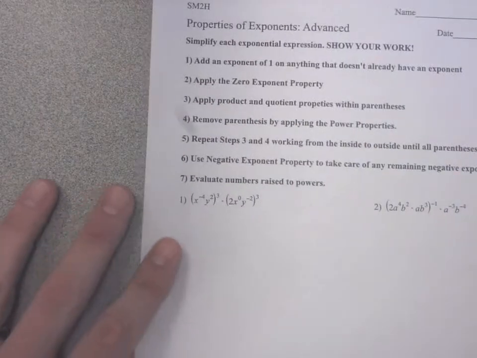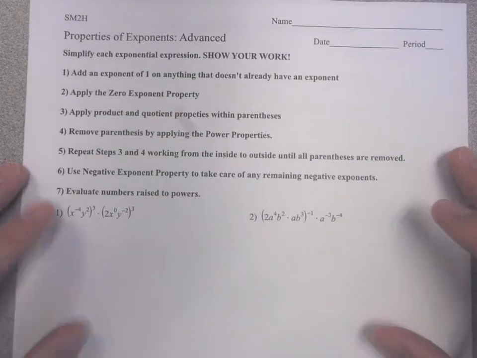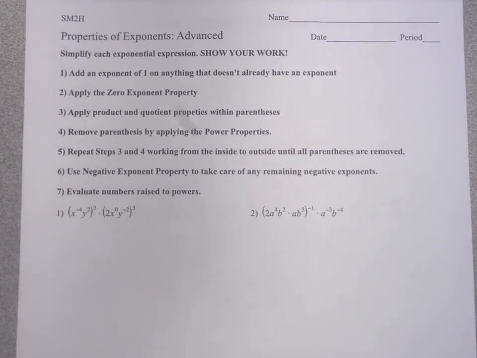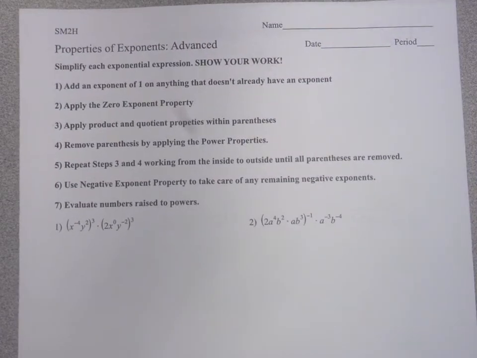Now on top here, I have a suggested order to apply the properties of exponents. We've talked about this lots this week and last week. There is a lot of flexibility in the order that we apply these, because at the base level this is all multiplication and division, which happens at the same level of PEMDAS, the order of operations.